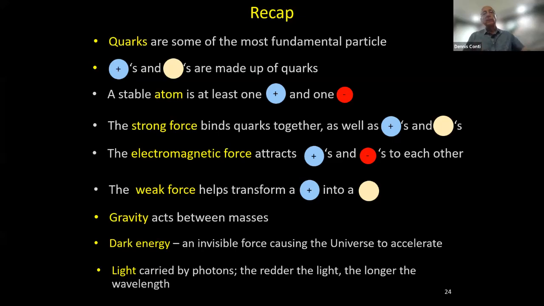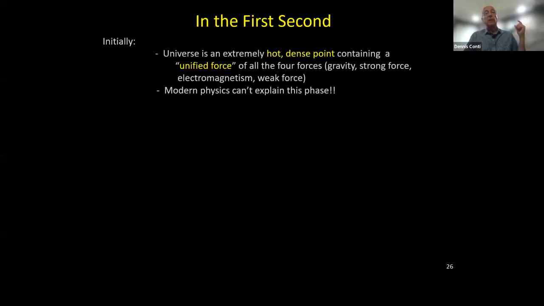All of this, what I just talked about, is leading into especially the early phases of the universe, because you'll see how all of these now sort of come together. So let's talk about the timeline. In the very first second, the universe, first of all, we believe started as an extremely hot, dense point containing all of these four forces I mentioned unified together.